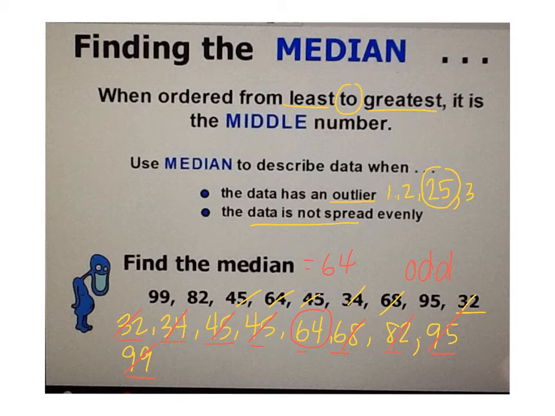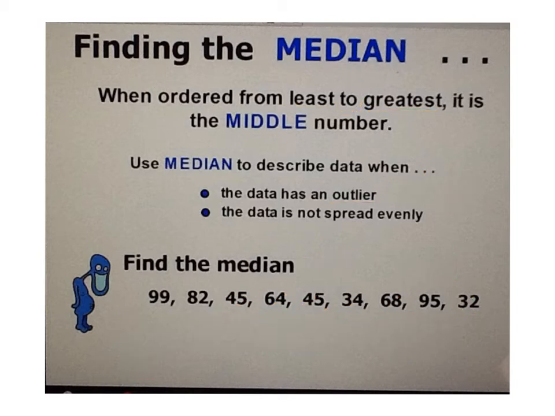If, however, you have 8 pieces of data, an even set of data, so let's pretend that we didn't have this 99. Let's pretend that 99 is not part of our data set.